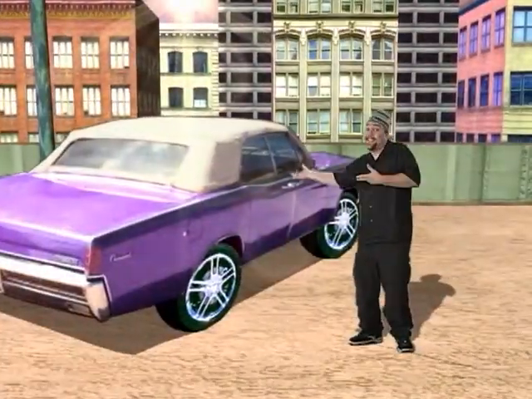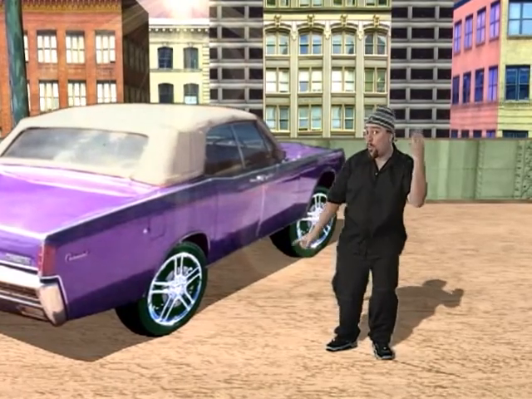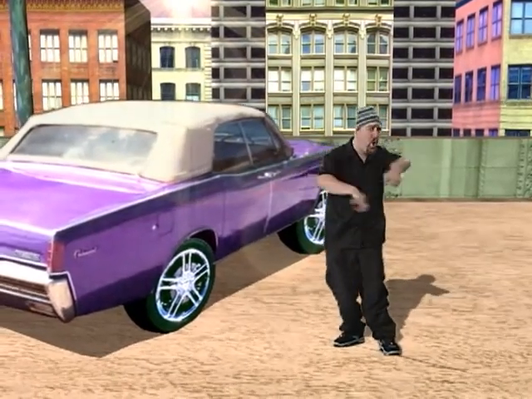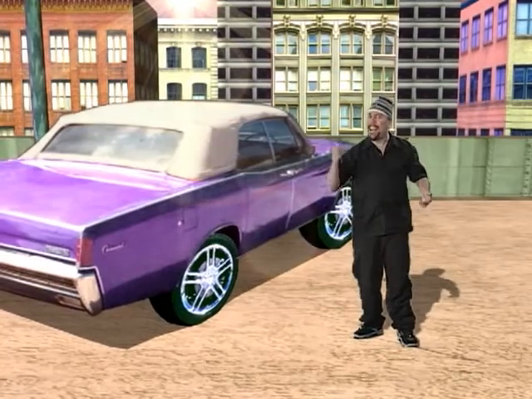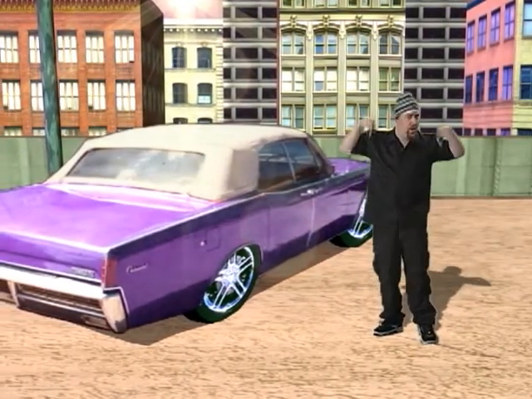Well, my custom Continental has got 4 doors, 4 shiny mag wheels, and 4 on the floor. I got a little button that'll make it go down to just 4 inches off of the ground.